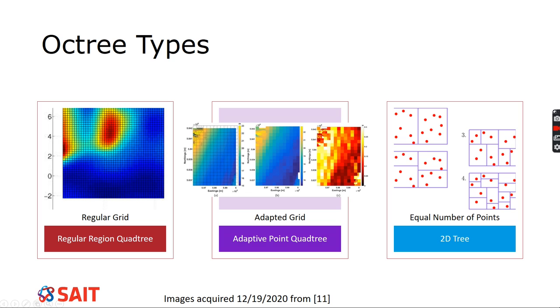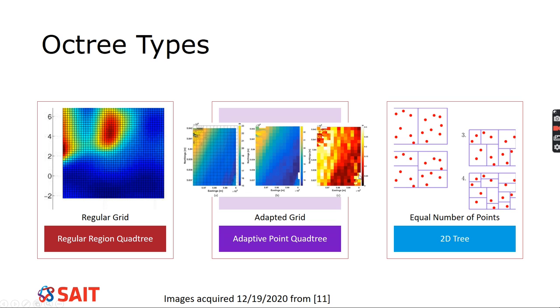So I do have an example of them here. So the regular region quad tree, you can see that it's basically separated up into a regular grid. And I'm using pixels in these cases just to show what happens. Adaptive point quad tree, so you can see we have high density pixels, like more information happening over there.